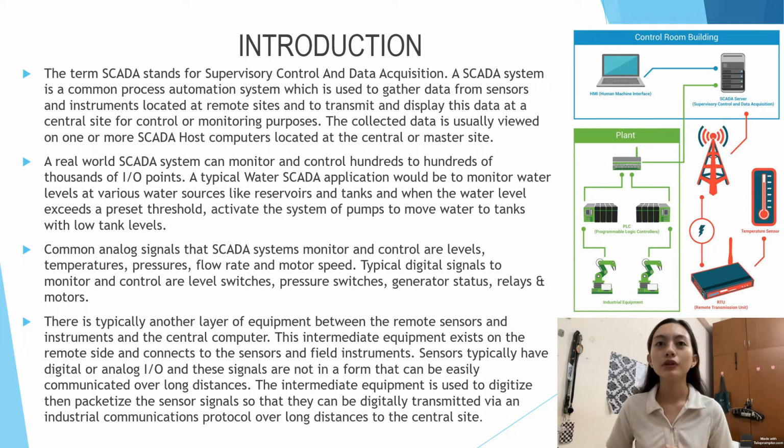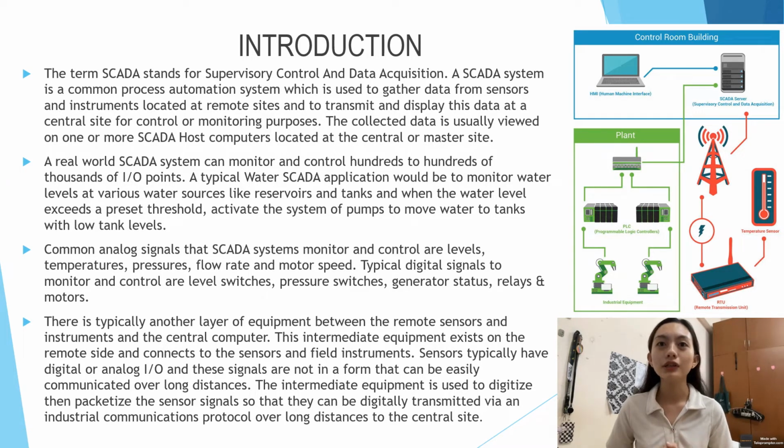There is typically another layer of equipment between the remote sensors and instruments and the central computer. This intermediate equipment exists on the remote side and connects to the sensors and field instruments. Sensors typically have digital or analog I/O, and these signals are not in a form that can be easily communicated over long distances.